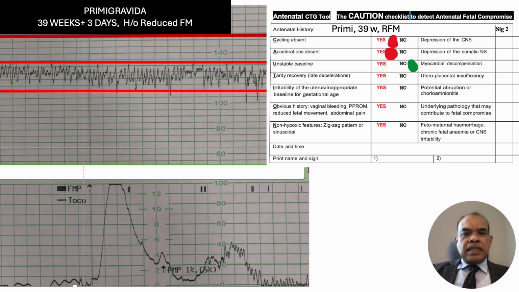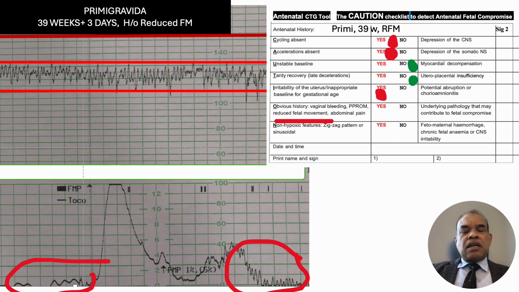And if you look at the tocograph, you could see the reason. It is chorioamnionitis, myometrial irritability, low voltage complexes, and therefore the CAUTION checklist would help to save this baby on time instead of sitting on this trace calling it suspicious, giving fluids to the wrong person, the mother, which often results in poor neonatal outcomes.